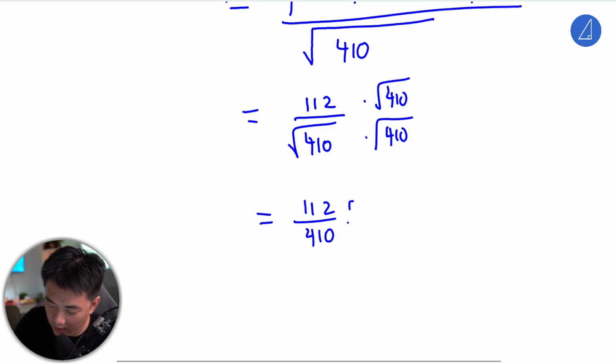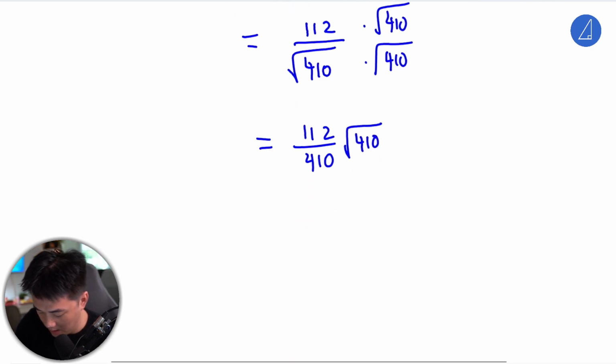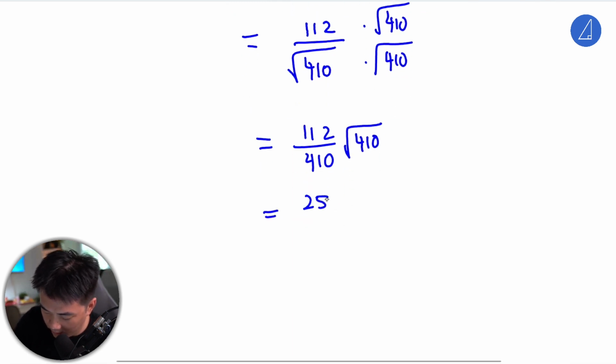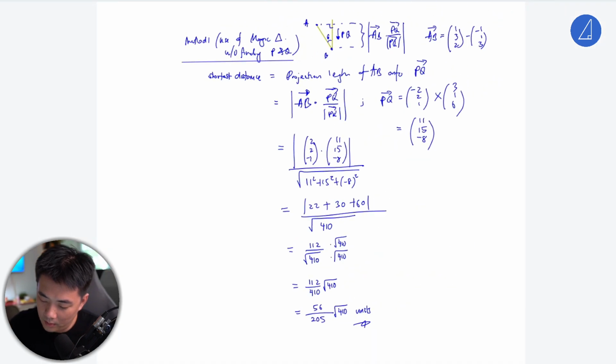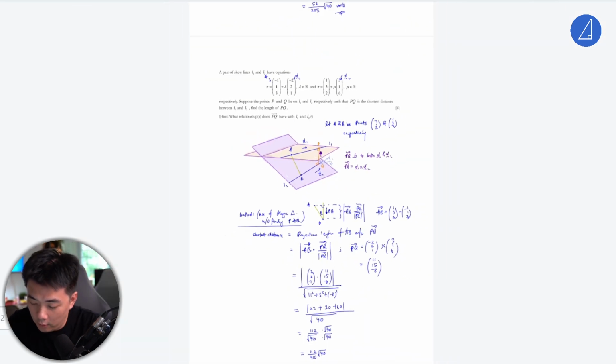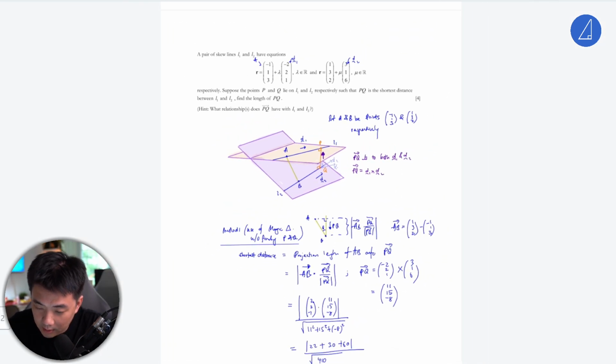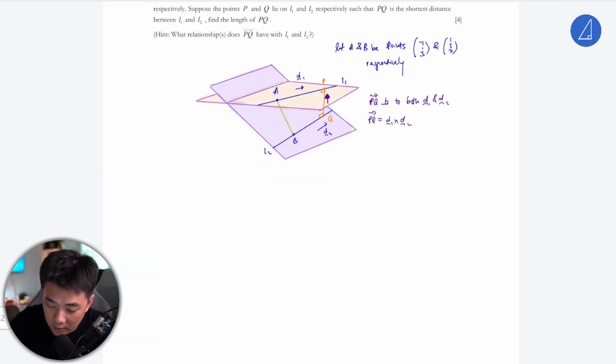Because it looks very ugly as a denominator, I'm gonna rationalize, and that will be 56 over 205 square root 410. Units.